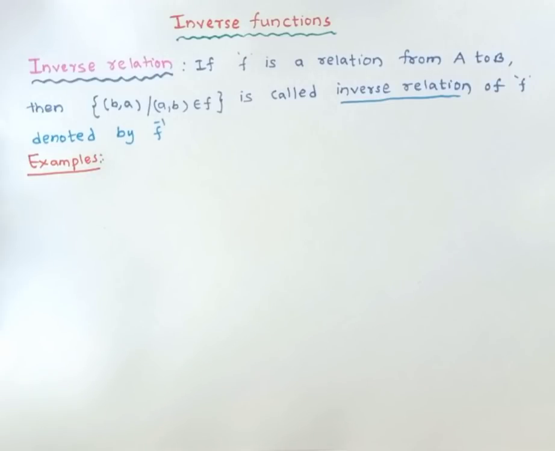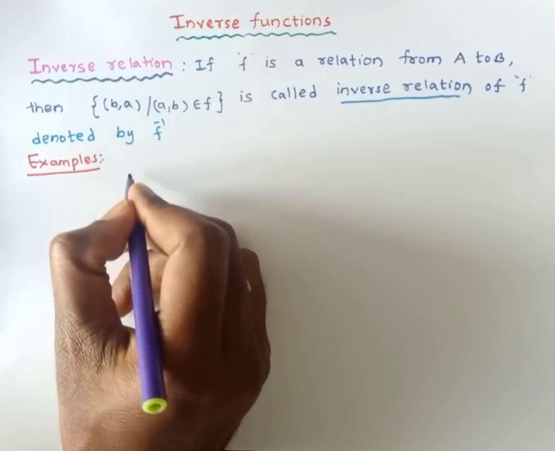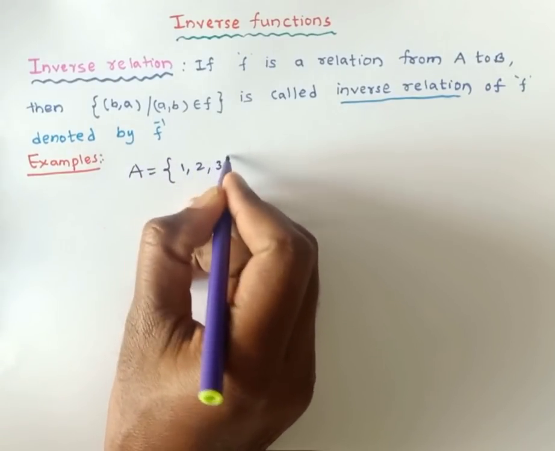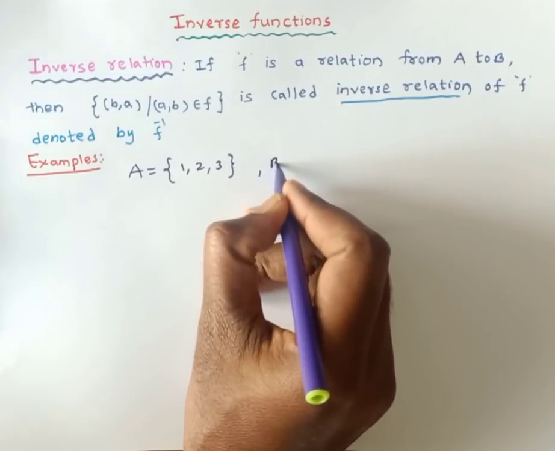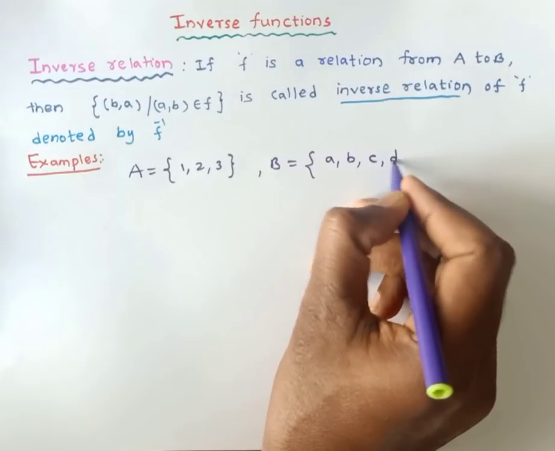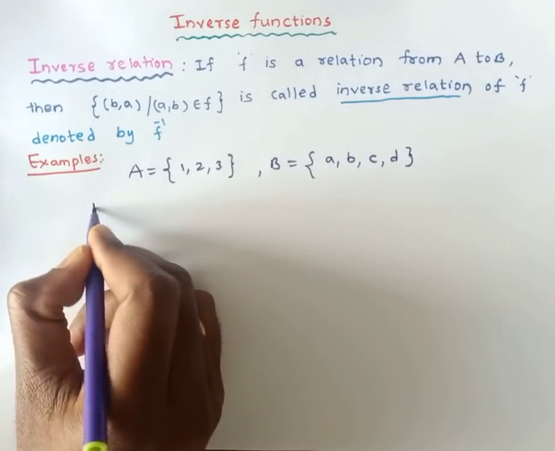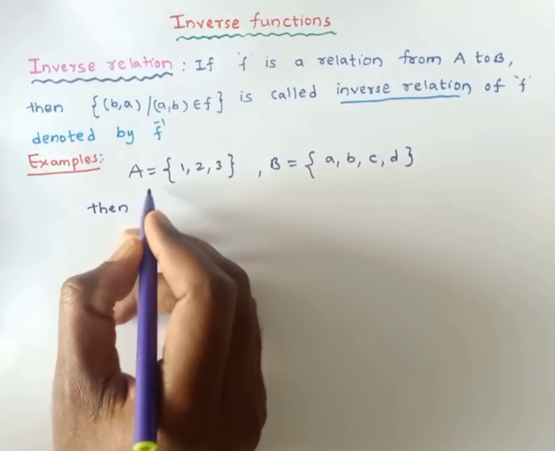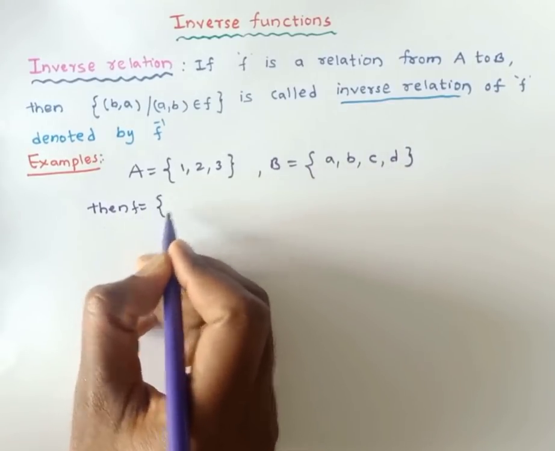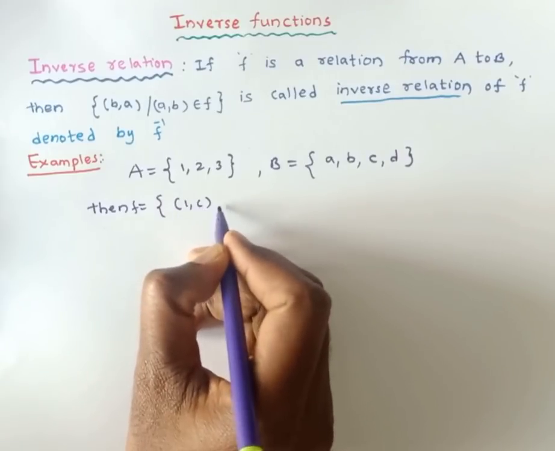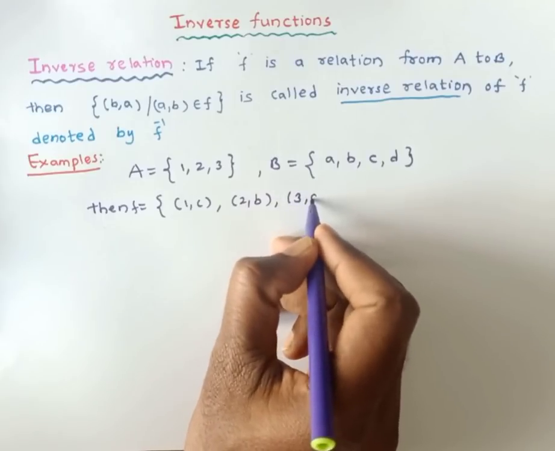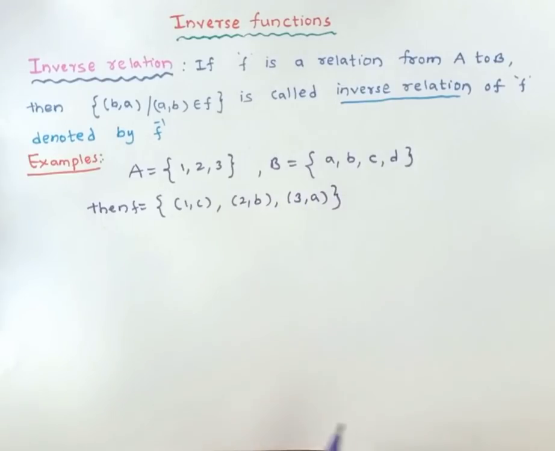Let us consider A is a set with elements 1, 2, 3, and another set B with elements a, b, c, d. Then a relation f is given with ordered pairs (1, c), (2, b), and 3 is mapped to a.